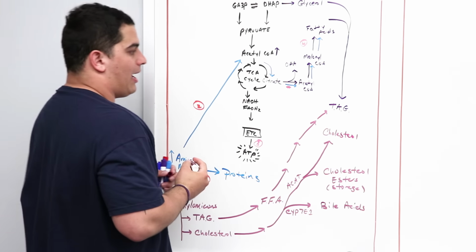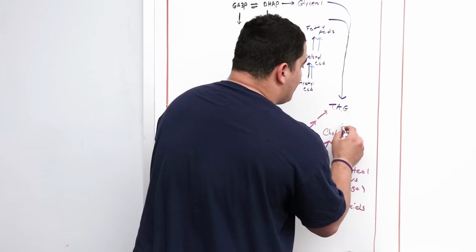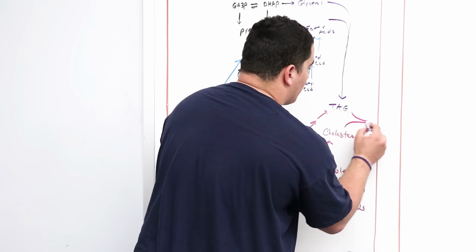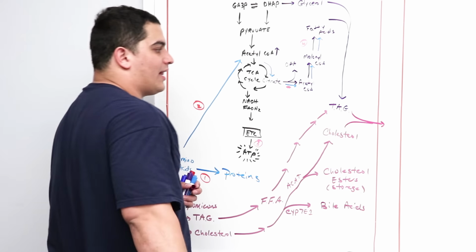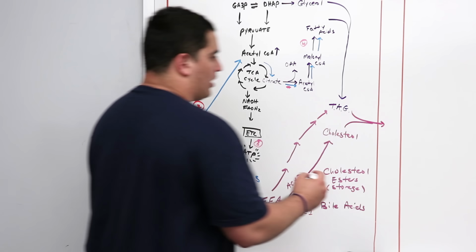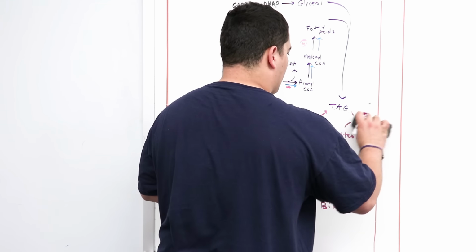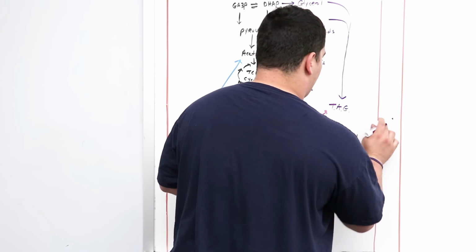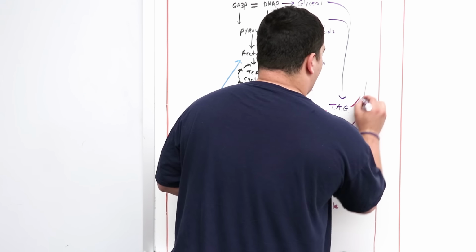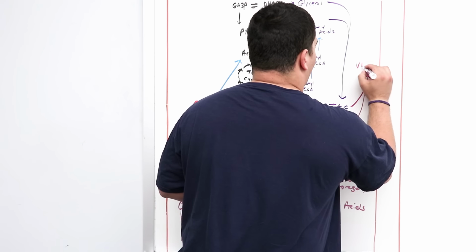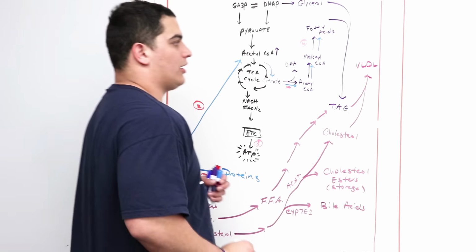And guess what I'm going to do with these? I'm going to combine them together and I'm going to secrete this out of the cell. Guess what this molecule is called? Let's keep it inside the cell here. So I'm going to take the triglycerides, I'm going to take the cholesterol, I'm going to combine them together and I'm going to get what's called VLDL molecules.